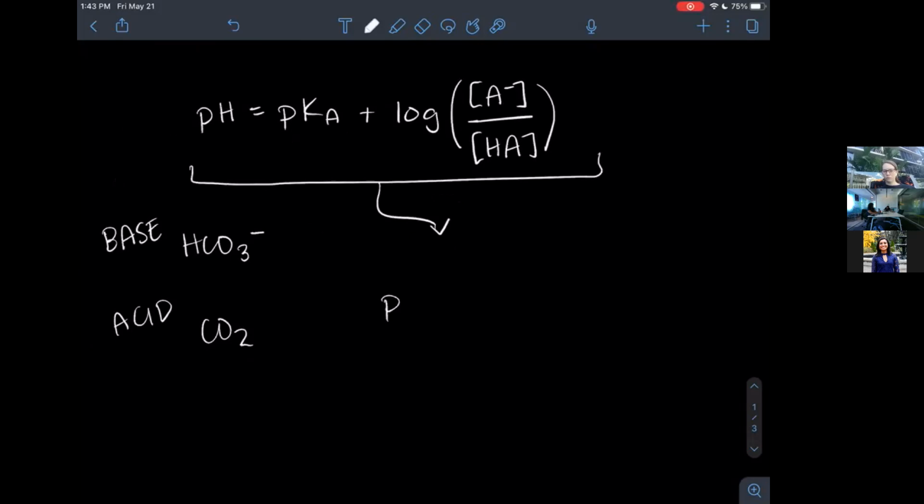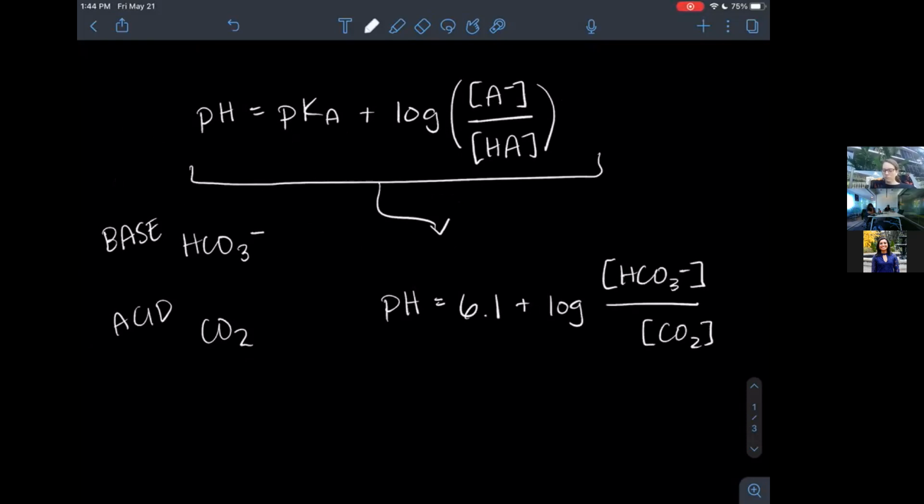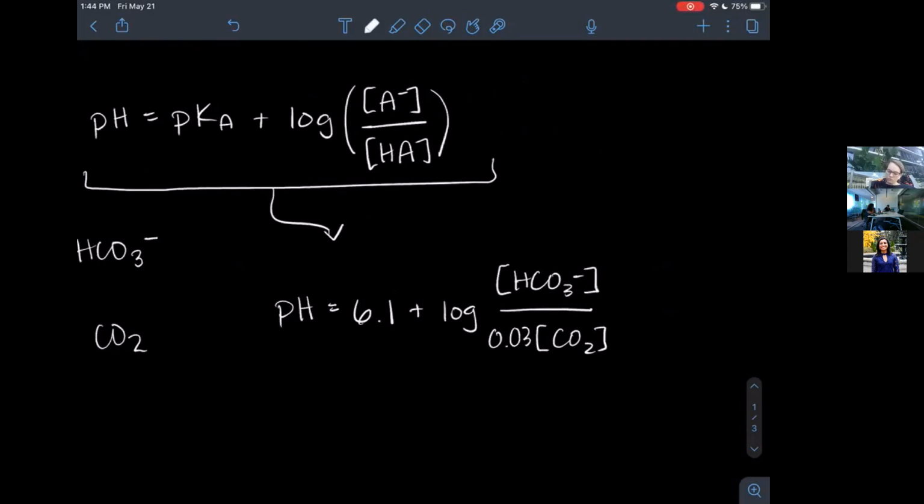The pH is going to equal the pKa of carbonic acid, which is 6.1, plus the log of your bicarb concentration over your acid concentration, which is your CO2, and you have to account for solubility, which is 0.03.